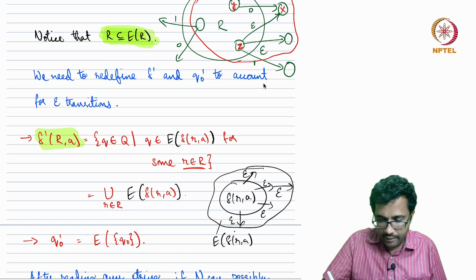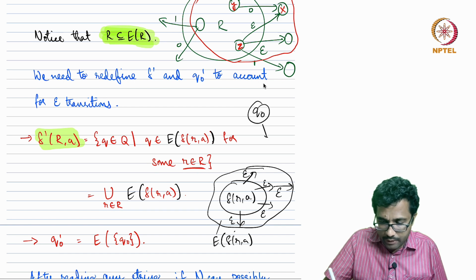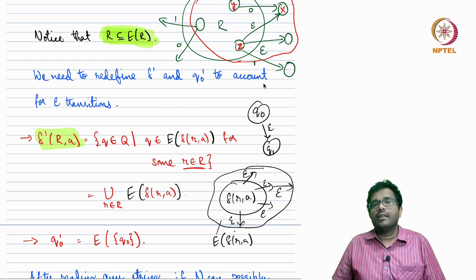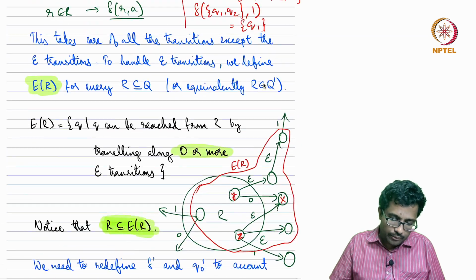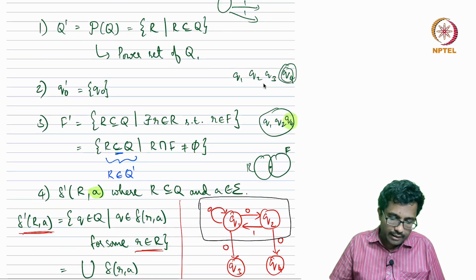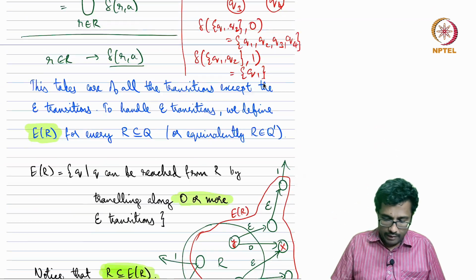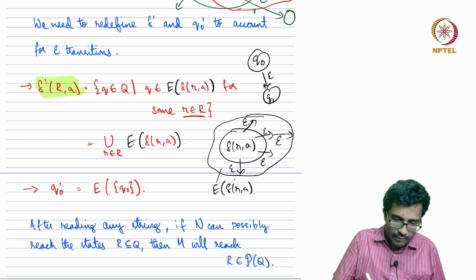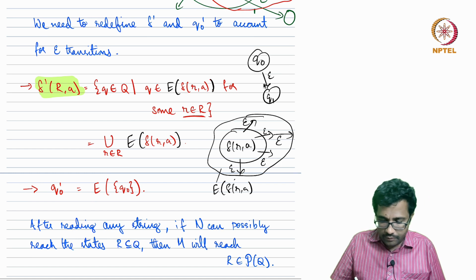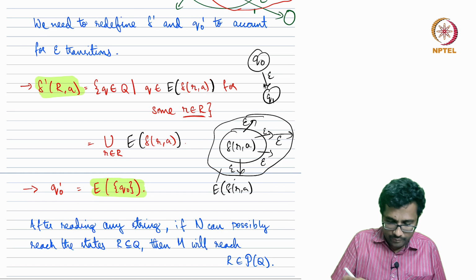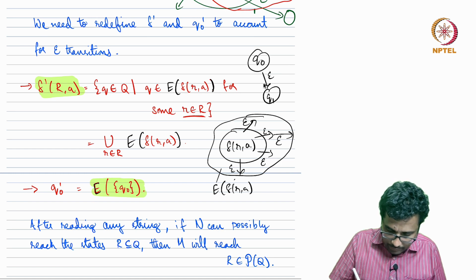If Q0 had, let's say, an epsilon transition to Q1, how to include that? One way to include that is, instead of defining the starting state as just the set containing Q0, we can define the starting state as the epsilon closure of the set containing Q0. So again, this is a new thing. It is the epsilon closure of the set containing Q0.